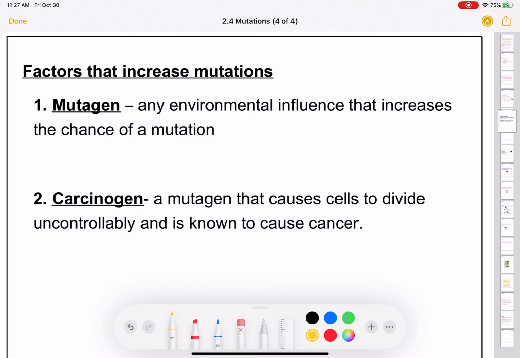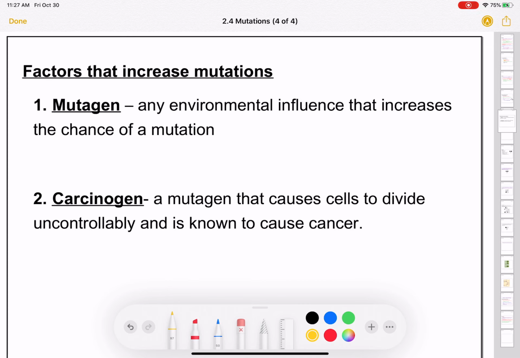So some factors that increase mutations, well, a mutagen is any environmental influence that increases the chance of a mutation. You might be able to think of some things that might cause mutations. Whenever I think of mutations, I always think of some Simpsons episode where they're dumping nuclear waste into the water, and there's fish that have 3 eyes. I always think of that when I think of mutations.